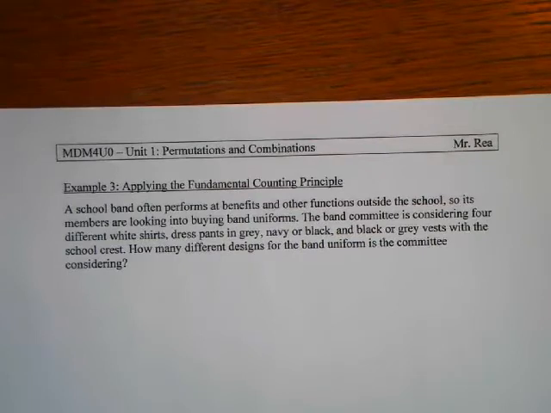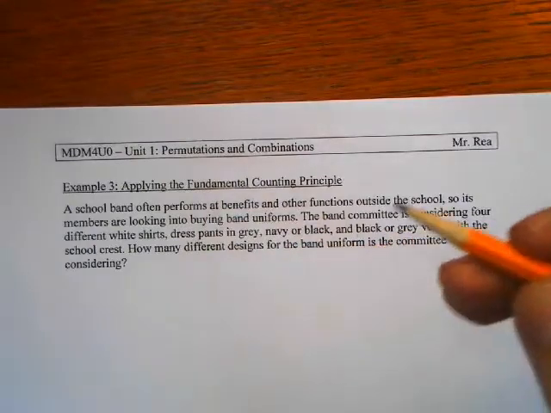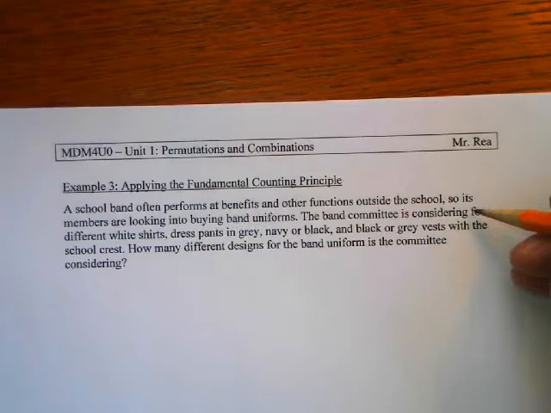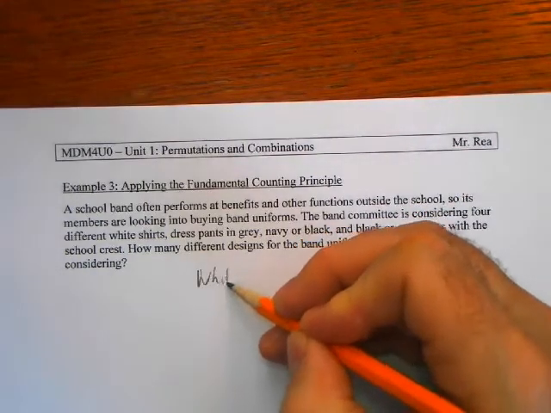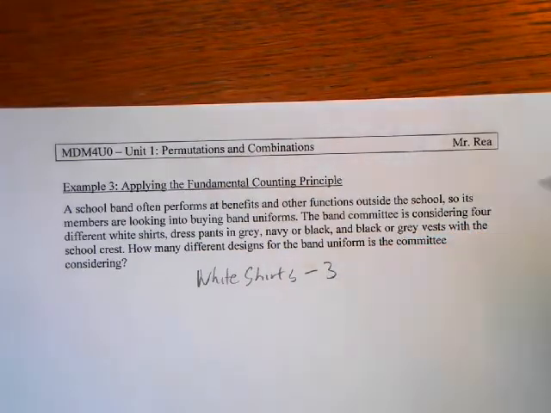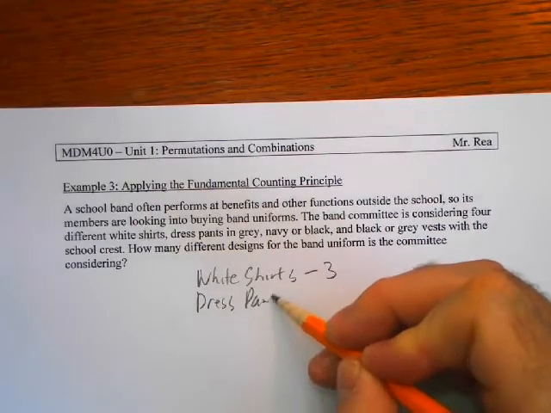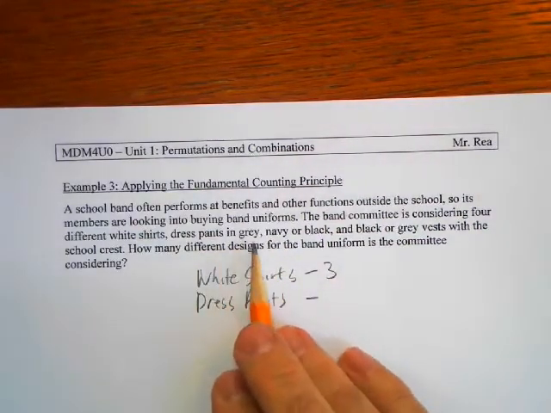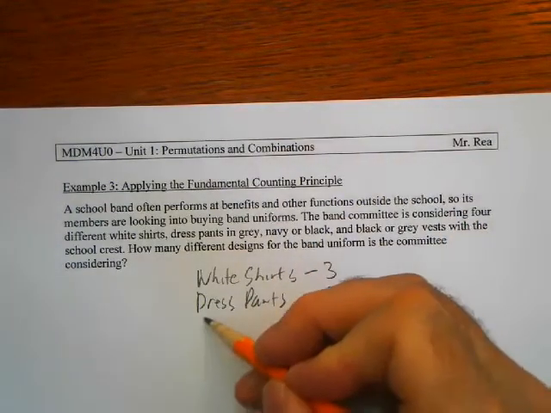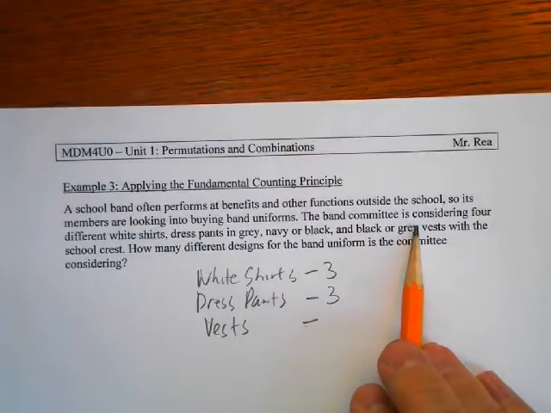So again, if we just summarize what we've got here, we're buying white shirts, and we have 4 choices for that. Dress pants, we have gray, navy, or black, so that's 3 choices. And the vests with the school crest, we have black or gray.